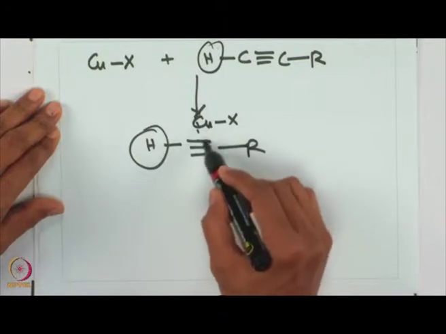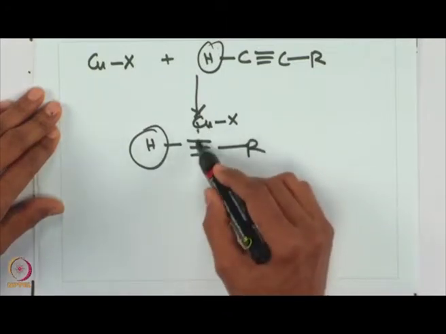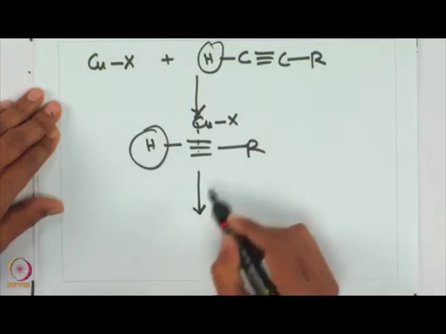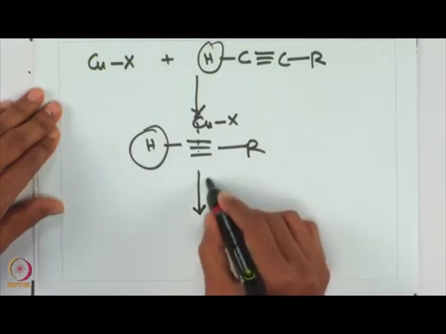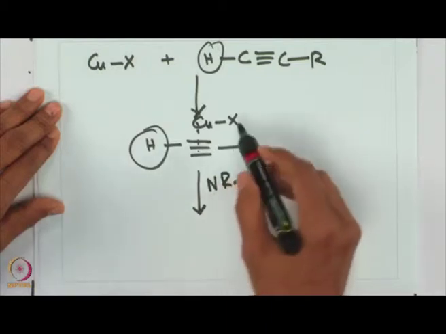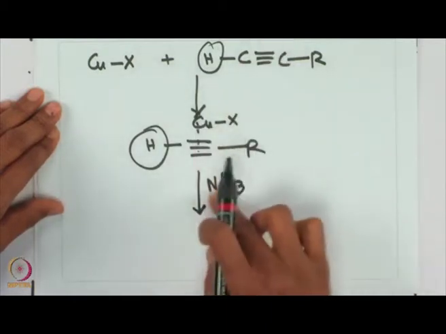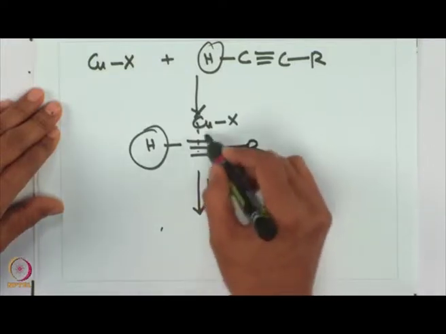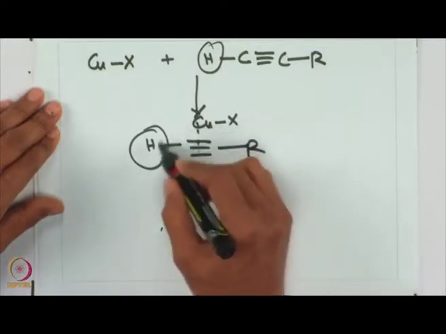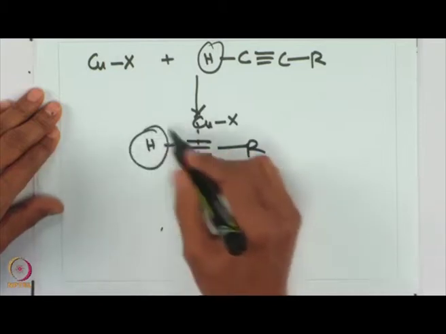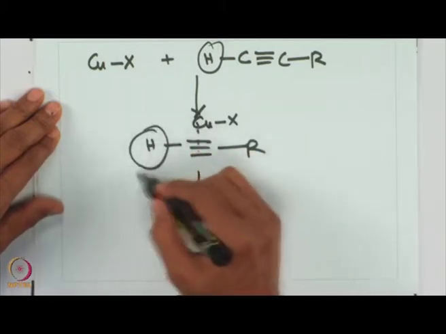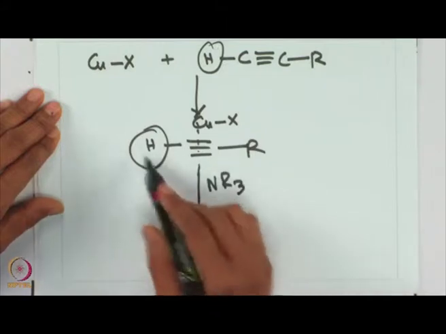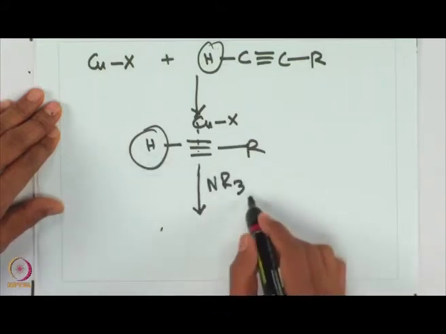It is required to have the copper interaction, and therefore, it is now acidic enough for triethylamine to deprotonate. So, without copper, this deprotonation just by amine will not be possible. Once it is interacting with copper, then the pKa value goes down, and the lower pKa value ensures that this proton can now be abstracted by this amine.